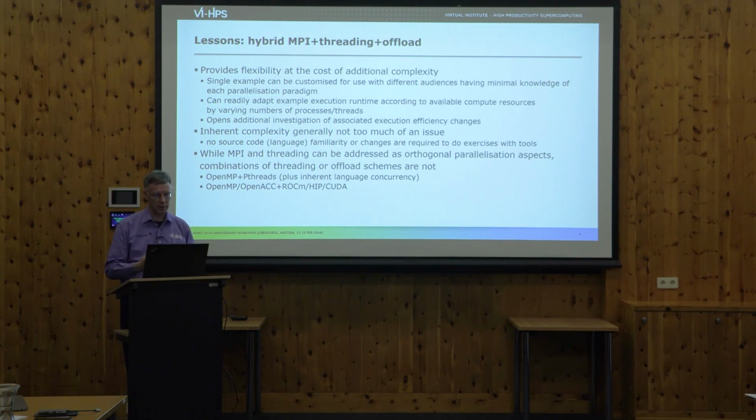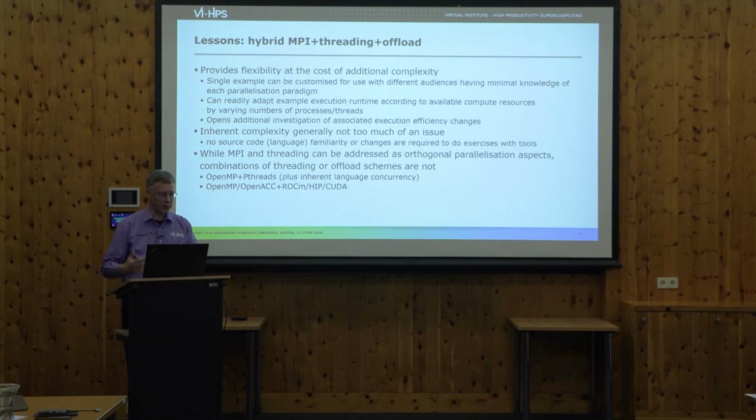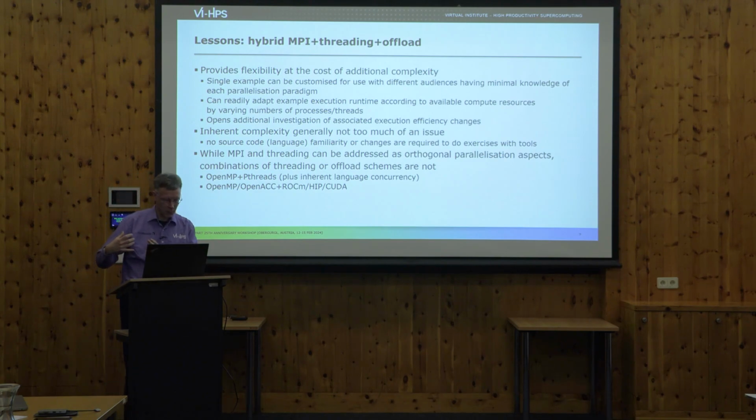Same thing is at the accelerator level. If you are using OpenMP or OpenACC to offload things, then you typically don't really want or need to see what's happening at the CUDA level or the HIP level of the GPU itself.